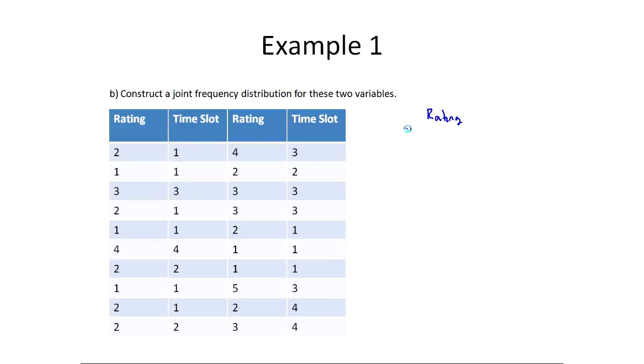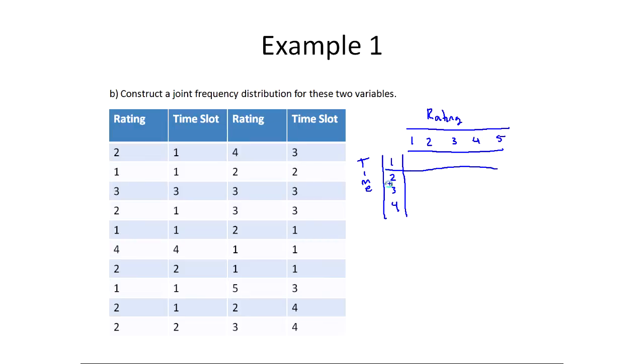And I'll say, okay, what were the possible ratings? It was 1 through 5. All right, then over here I'm going to put time slot. That was 1 through 4. Obviously, you would want to have this problem in front of you if you were working this to keep track of what possible values the variables could have.